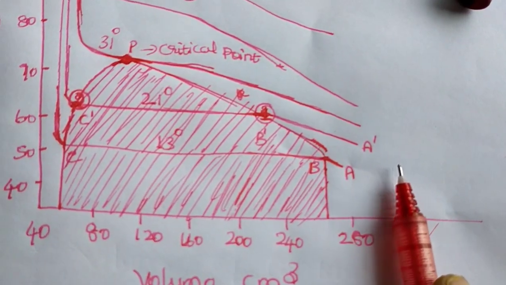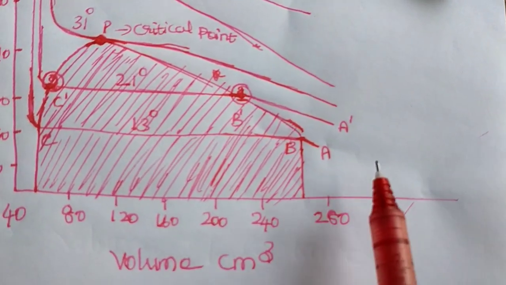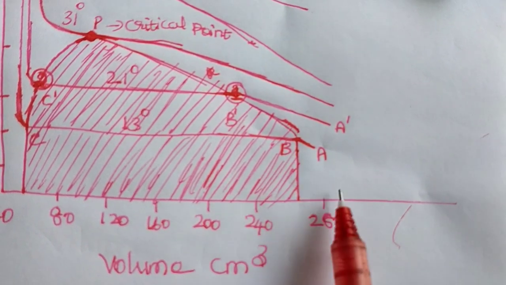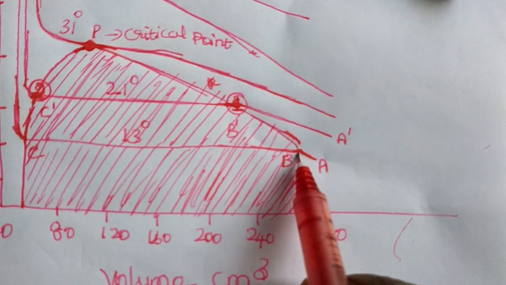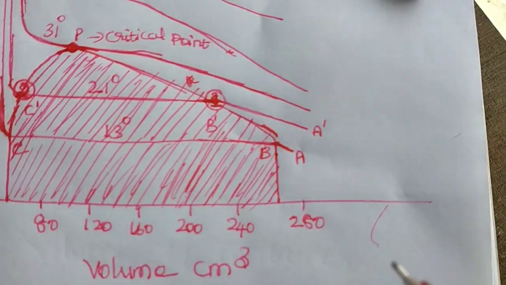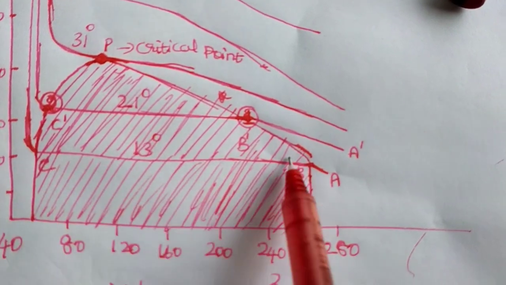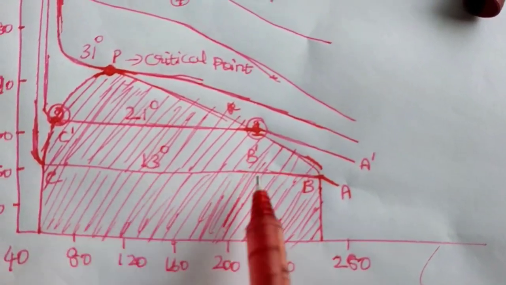We are considering more volume, because we took more carbon dioxide. Now the volume is reduced from A to B. Then from B to C, it goes along this isotherm at the same constant pressure.